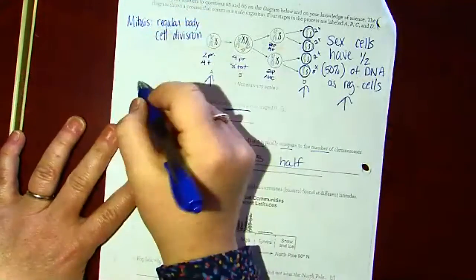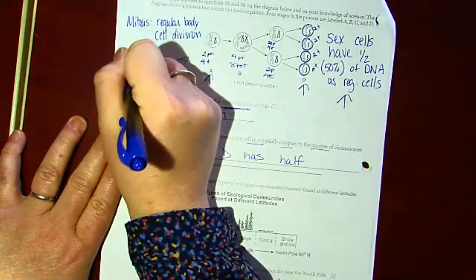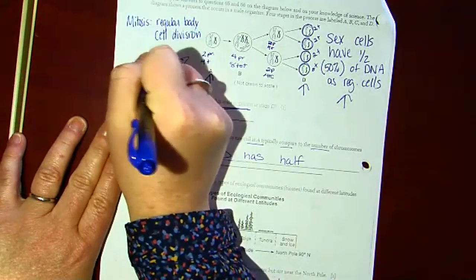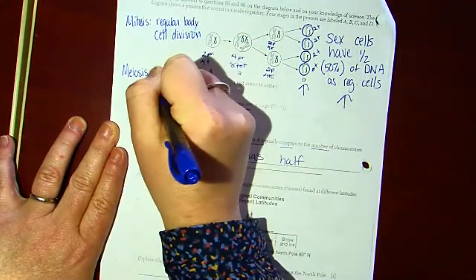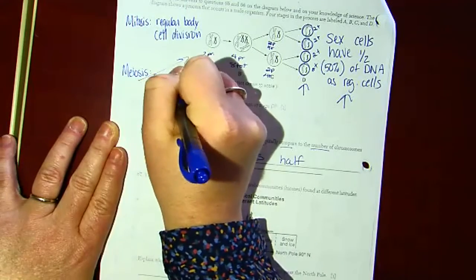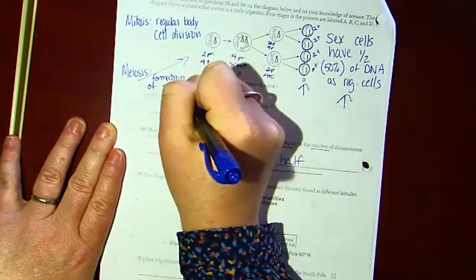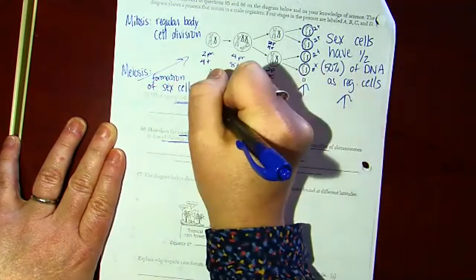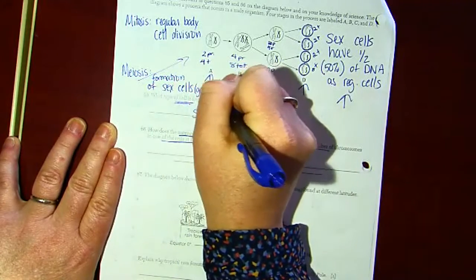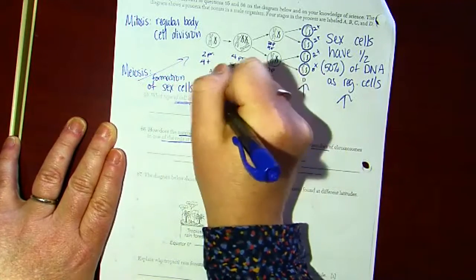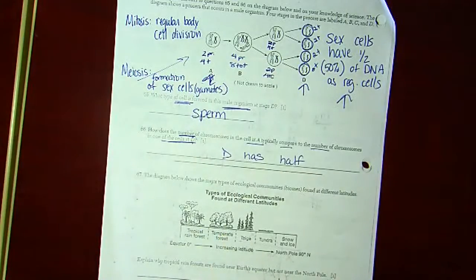But this process that we see here is meiosis. And this is the formation of sex cells. Another word for sex cell is gamete. And plural is just gametes.